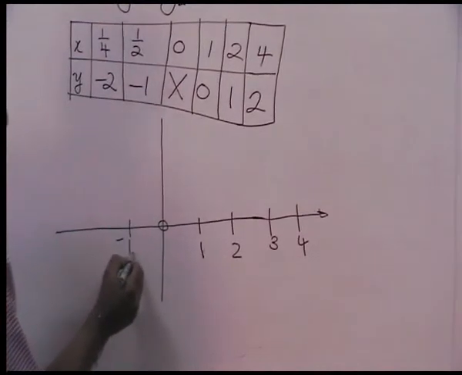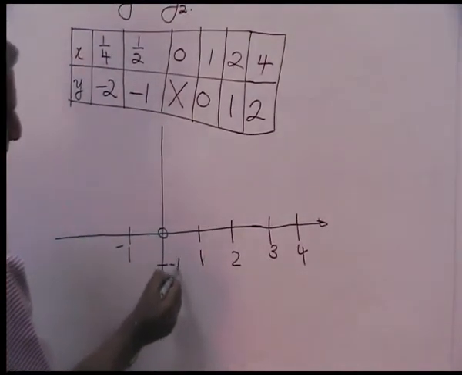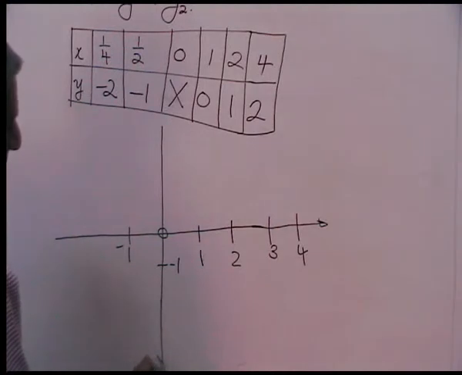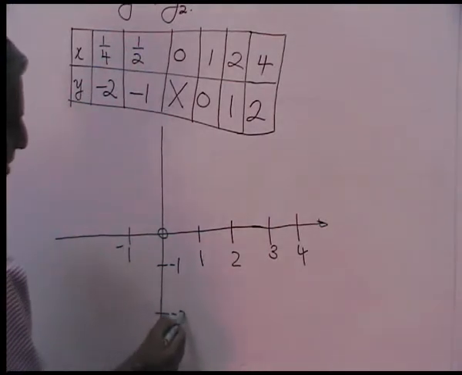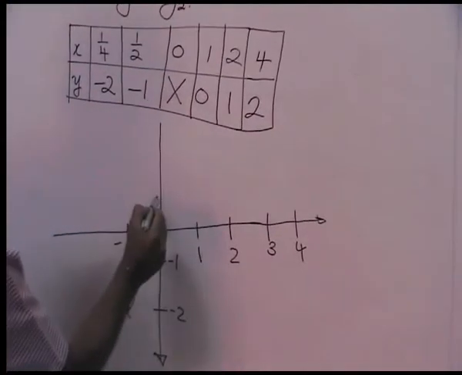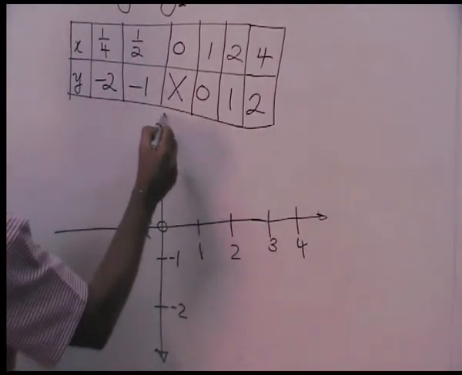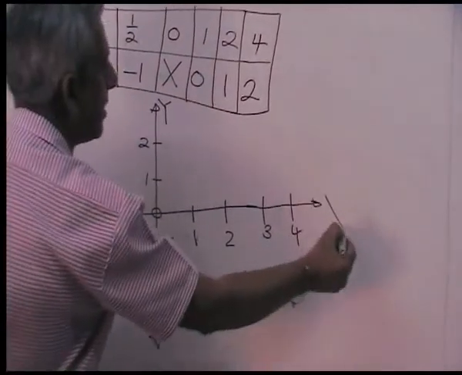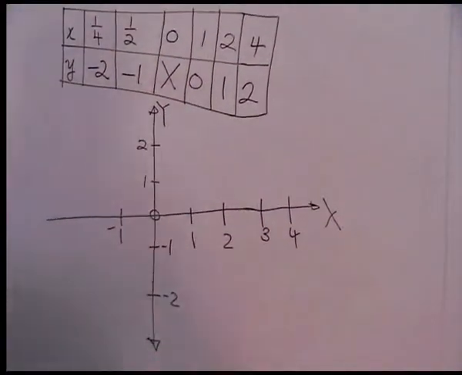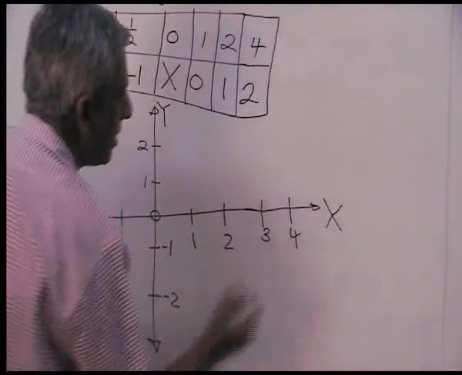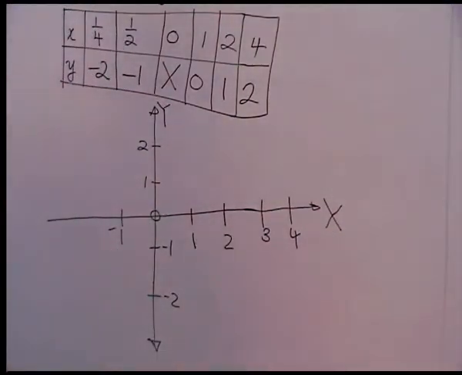Here you have minus 1, here you have minus 1 going down, and here you have minus 2. And here we have 1, and here you have 2. And that's your y-axis, and that's your x-axis. Of course, you're going to draw this accurately on graph paper. Nevertheless, we can also manage the rough sketch.